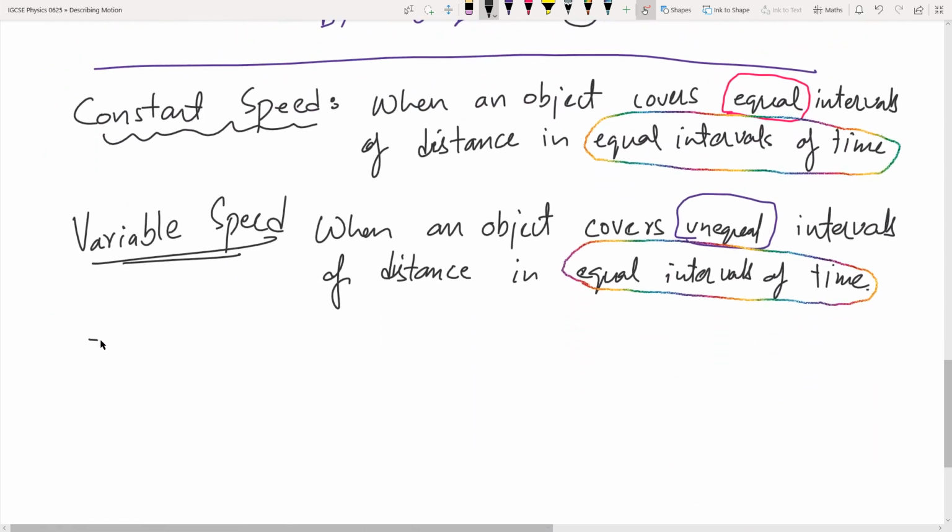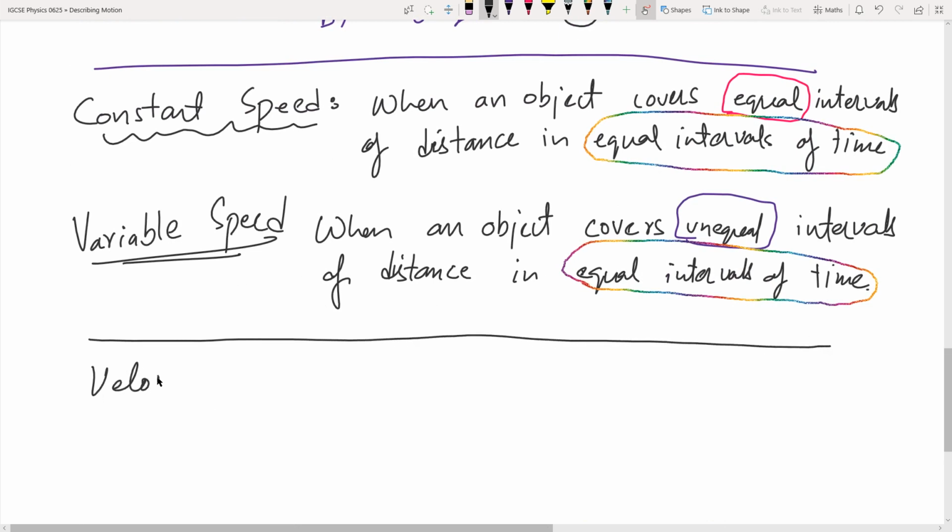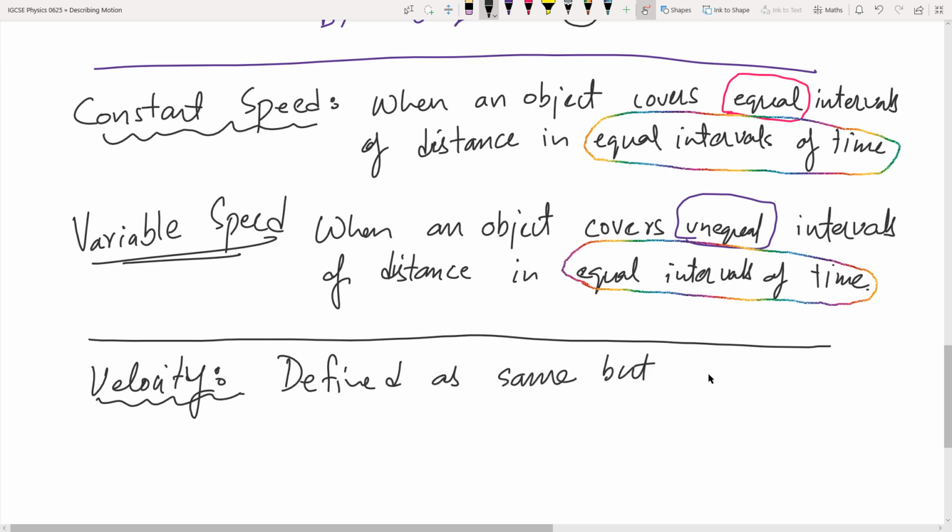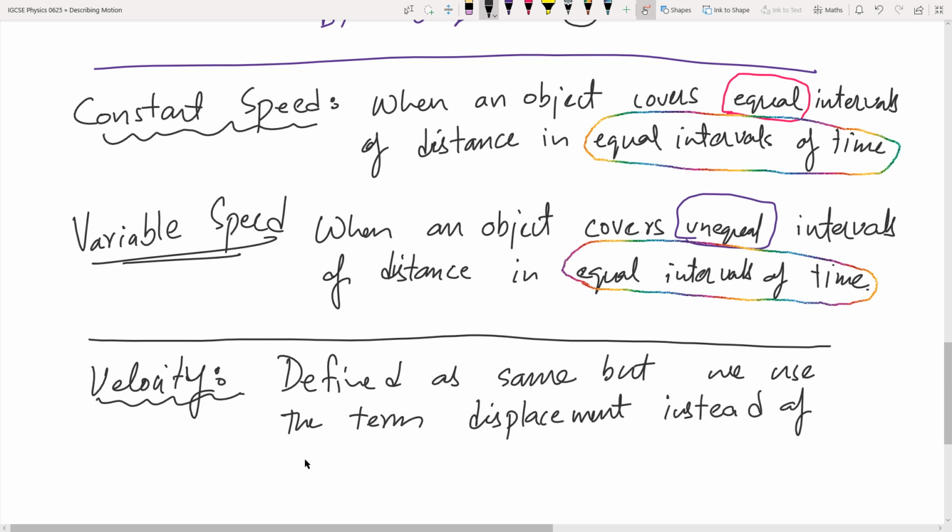Now let's talk about velocity. So what is velocity? Velocity is actually defined as same, but we use the term displacement instead of distance.